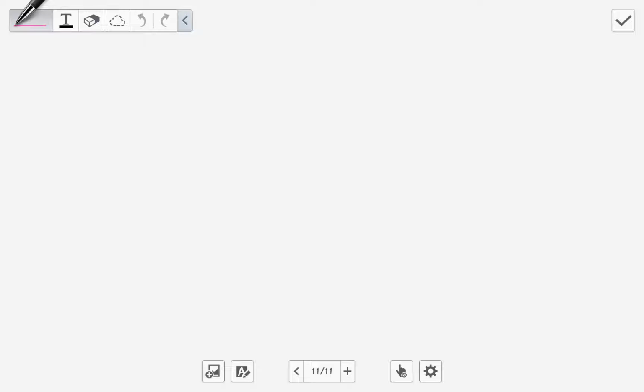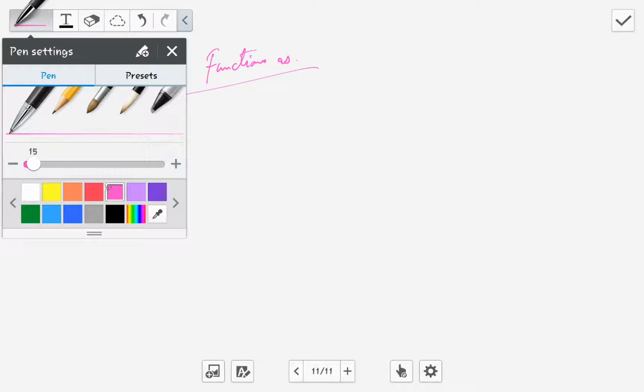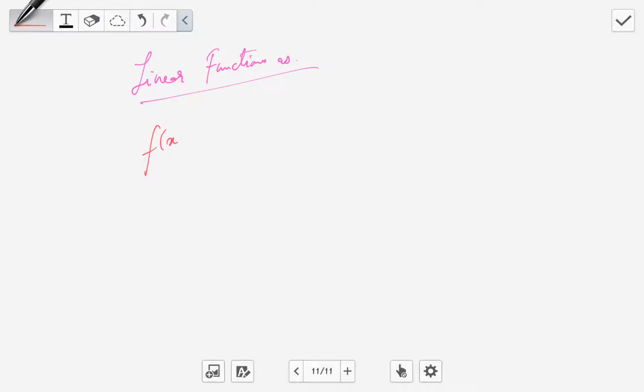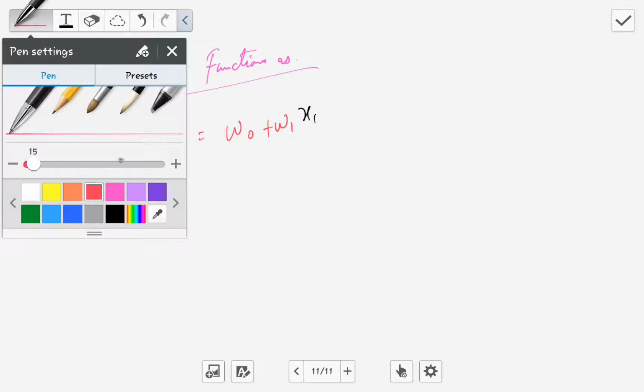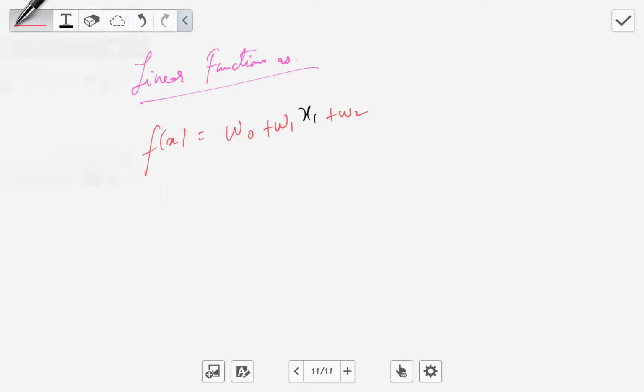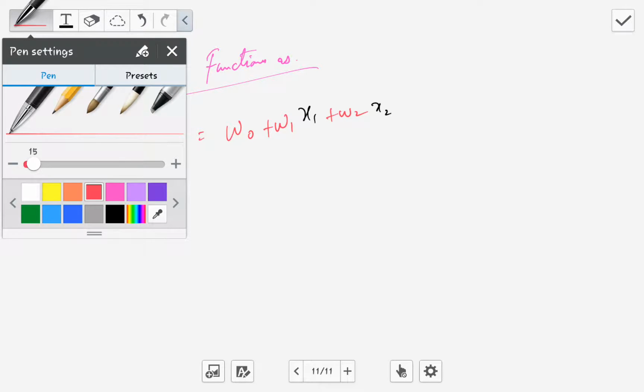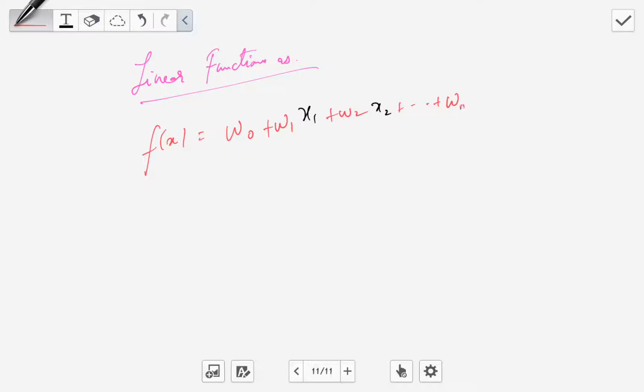So let us call linear functions f of x equal to some w0 plus w1 x1 plus w2 x2 and so on up to wd xd.